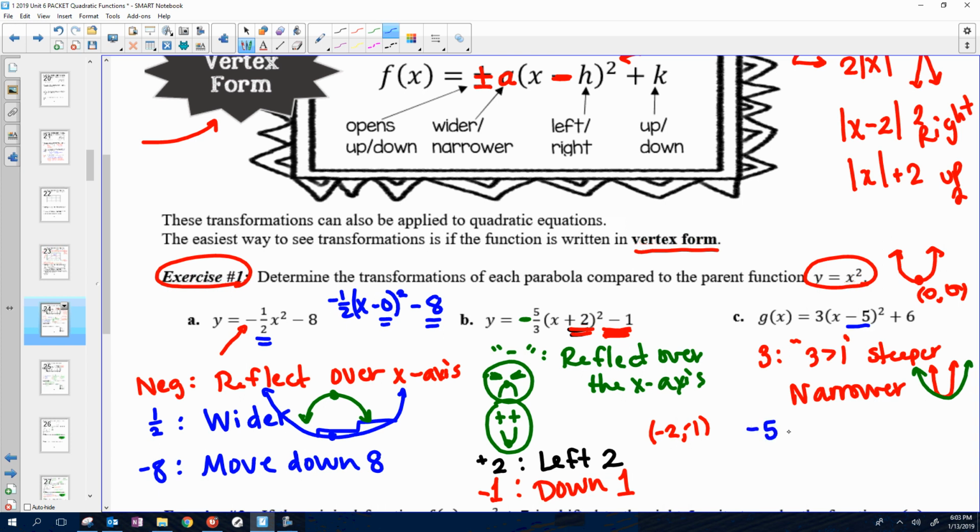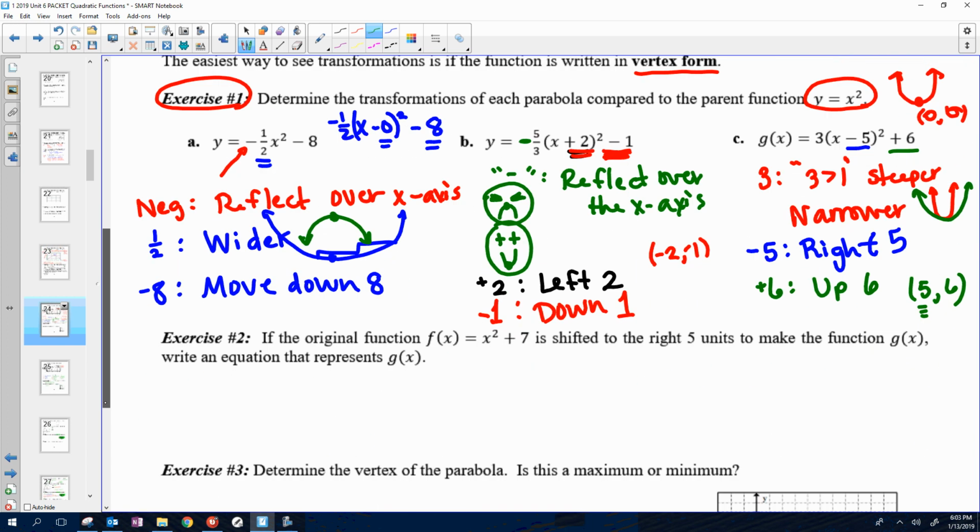So the -5 inside is going to make it go right 5. And we have a 6 on the outside, and that's going to make it go up 6. I don't know if you know where the vertex is. I might ask this in an upcoming question. The vertex would be at positive 5, positive 6. You always change the sign on the x.